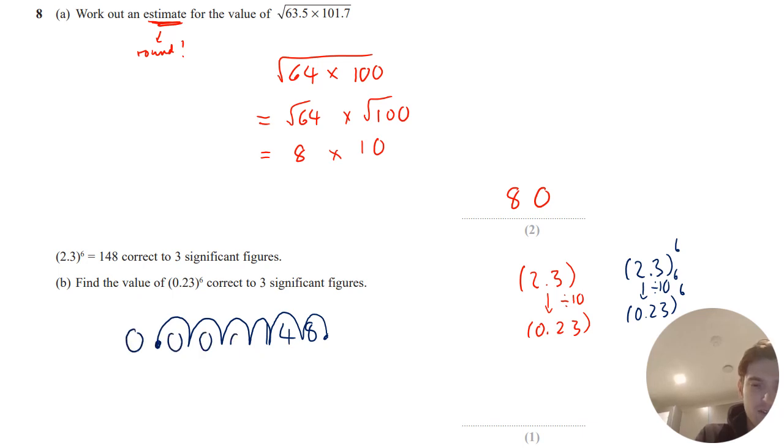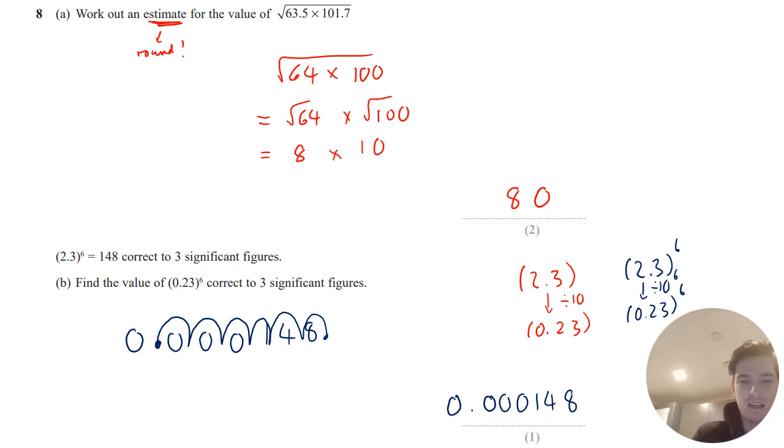Fill in the zeros, and that is going to be my answer, 0.000148. So very tricky one, I think. A lot of you may have written, I think 14.8 would be a very common answer.